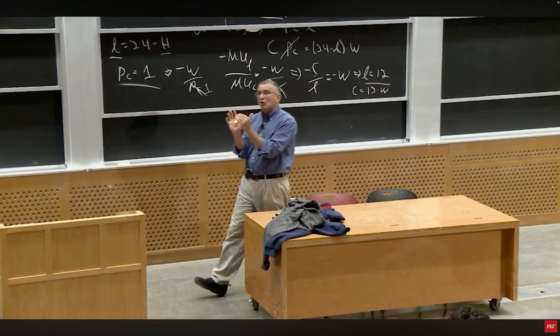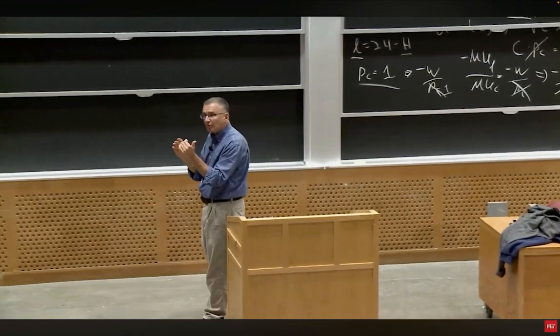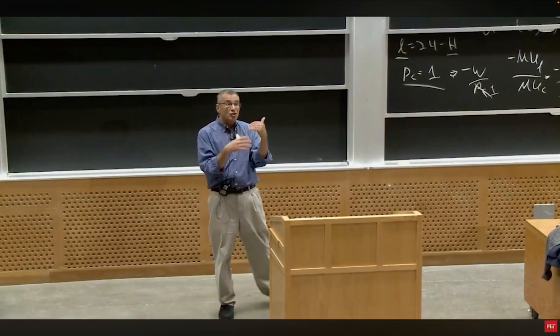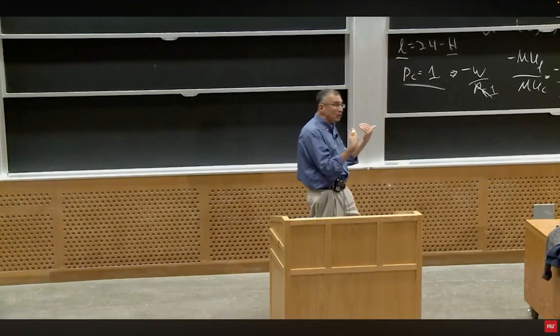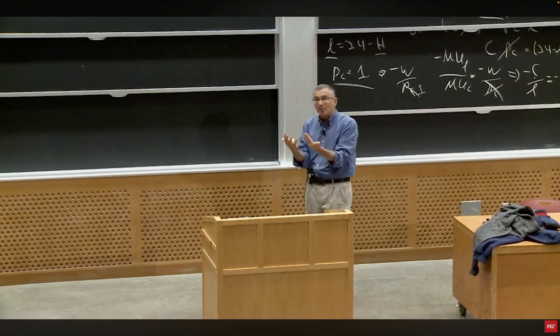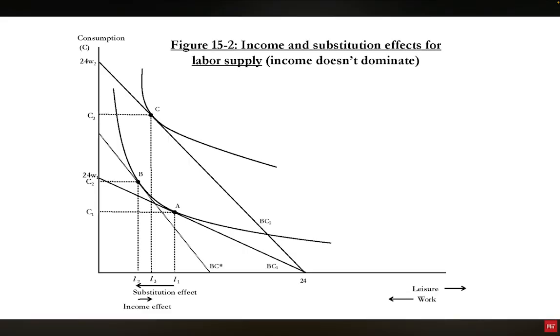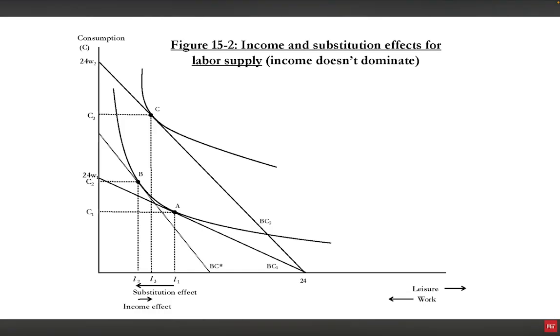So whether a higher wage leads you to work harder or less hard, or in terms of the model, leads you to take less leisure or more leisure, will depend on the relative size of the income and substitution effects. In figure 15.2, we've got a substitution effect that's larger than the income effect.